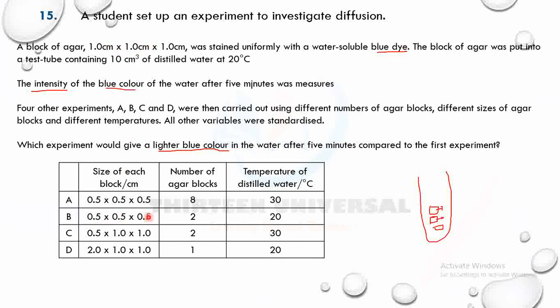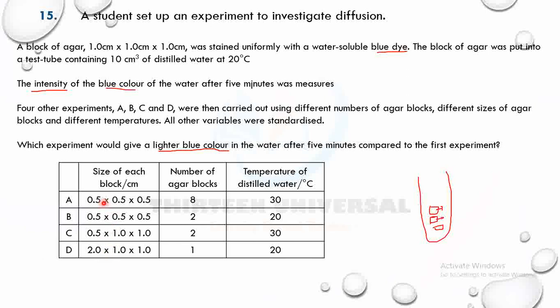But look at the number of blocks: there are about 3 of them, but the original has about 2. And the temperature is 20 degrees Celsius, the same as the original. So if you look at D, it has a lower temperature, 20 degrees Celsius. Now, 2 of them are most likely the answer.